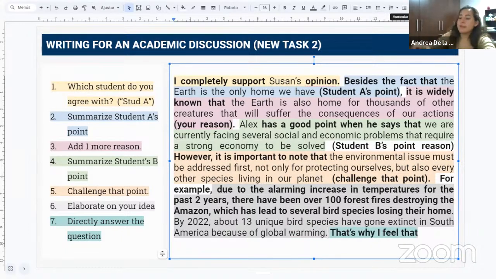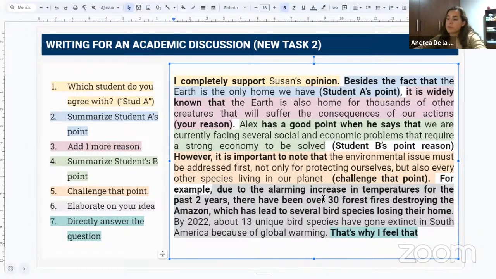Now it's just about making up information. This is probably not true, but it sounds plausible. It sounds like something that you would believe. Maybe 100 forest fires is a little bit too much for 2 years. Maybe I'll reduce it to 30. I don't know, 30, 50. Yes? But that's what you guys need to do.